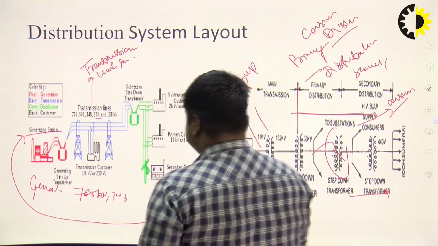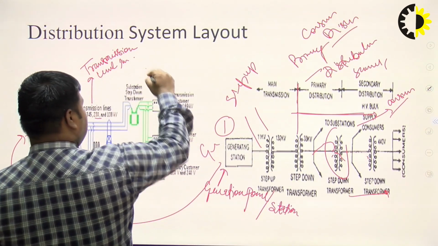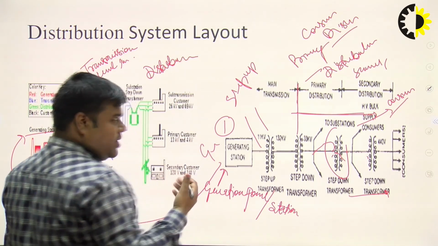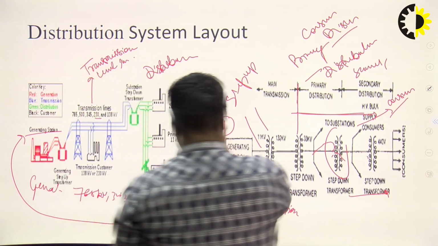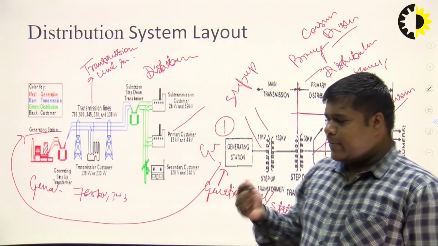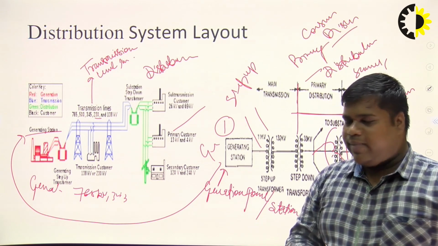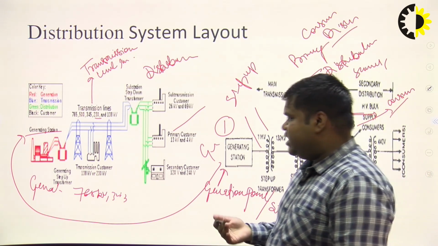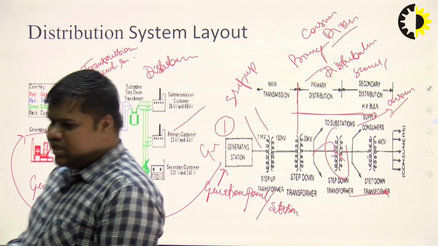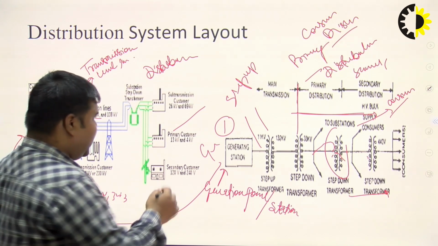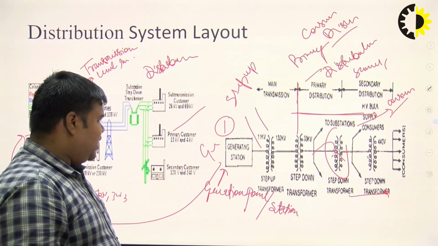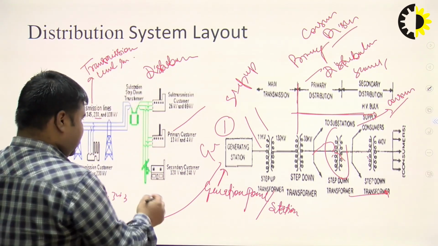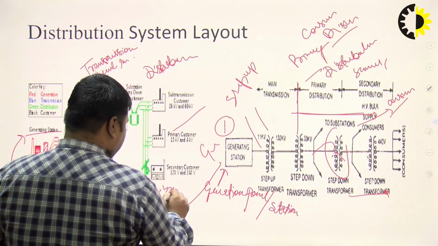The other part is the distribution side. The first one is the primary customer or primary consumer, and the other is the secondary consumer. For the primary customer, the voltage level is kept at 13 kV and 4 kV. For the secondary customer, the voltage rating is 120 volt or 240 volt.